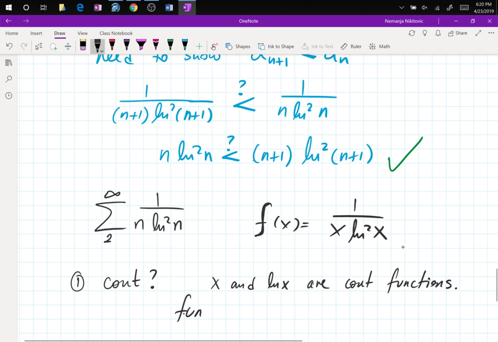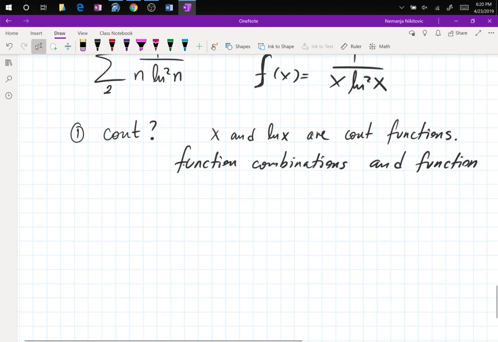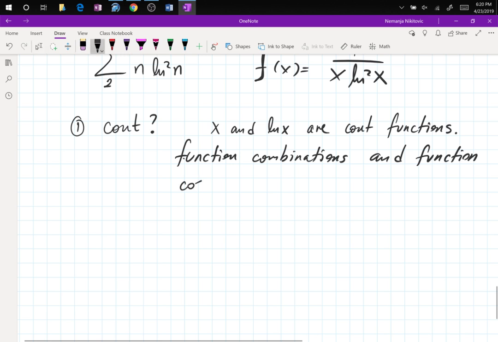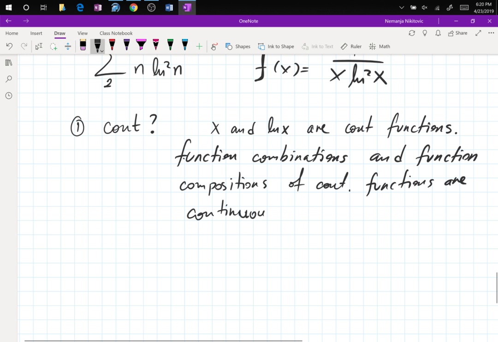So, function combinations and function compositions of continuous functions are continuous.